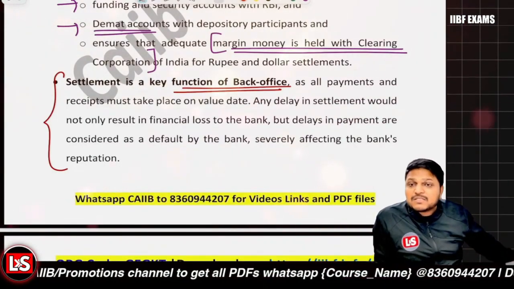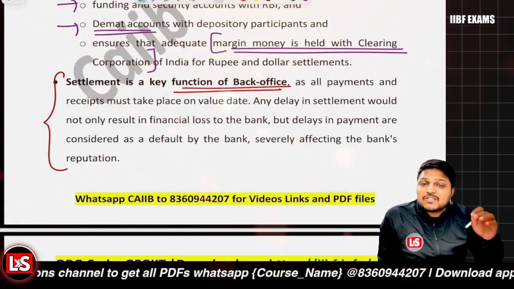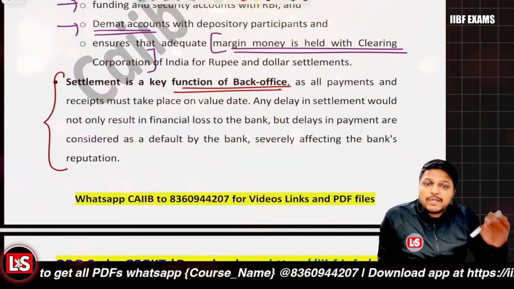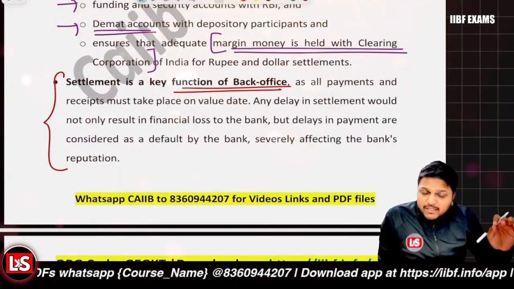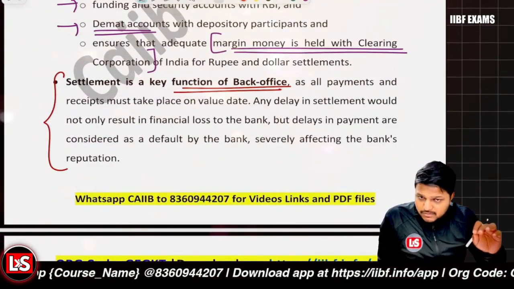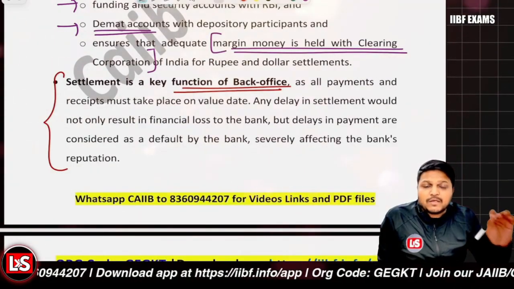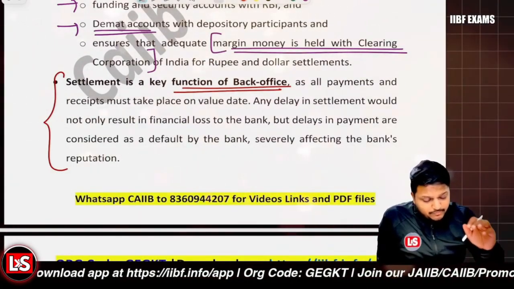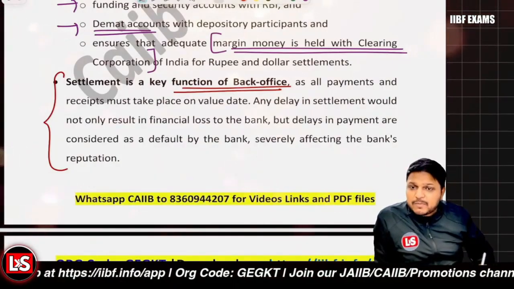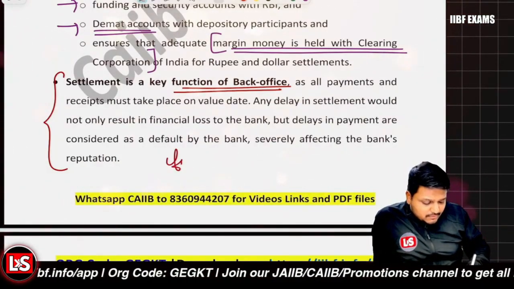Why? Because if the transactions are not occurring on the value date, then there will be financial loss. There can be settlement failure, and also the reputation risk will be there, right? So if these things are not dealt with properly, what things will be there?